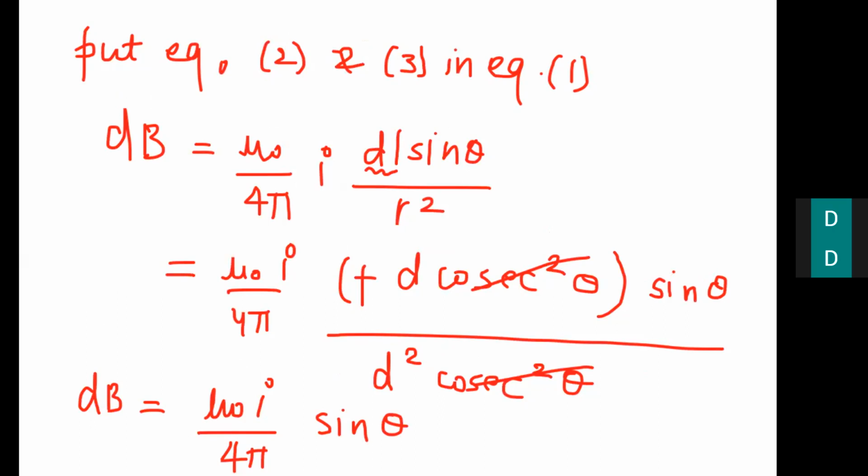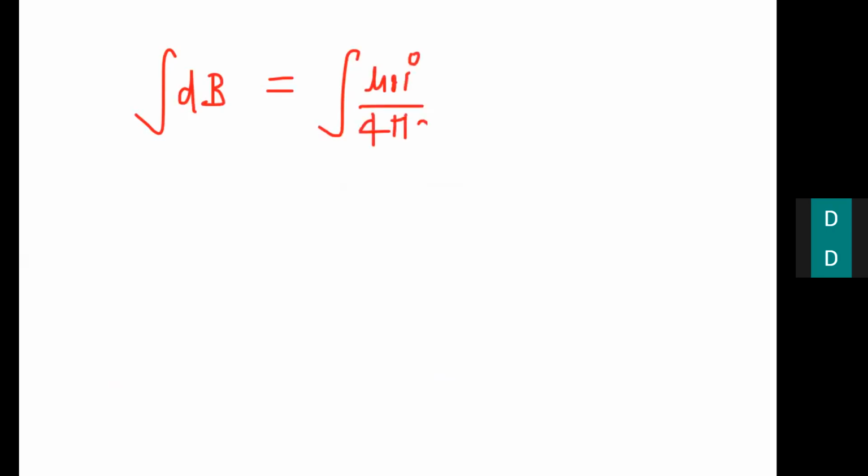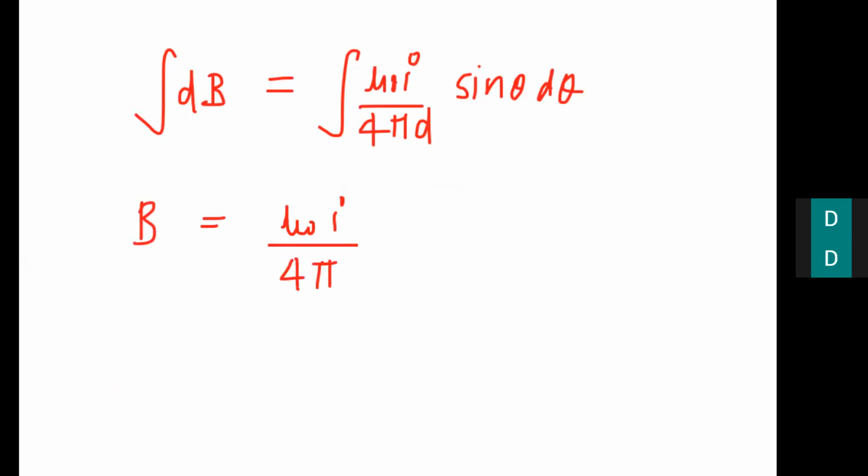So I will integrate this. Integration dB is equal to mu 0 I upon 4 pi d into sine theta d theta. So B is equal to mu 0 I upon 4 pi d, where mu 0 I is constant, integrating sine theta d theta.